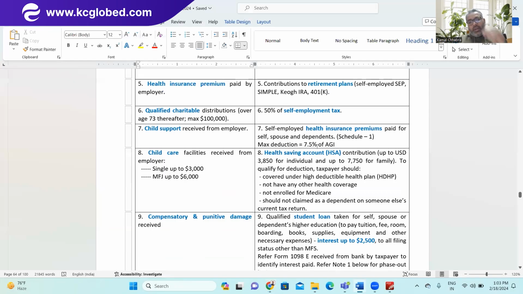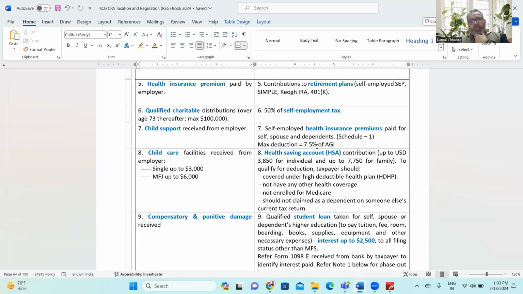So self-employed health insurance premium paid for self, spouse, and dependent will be provided in Schedule 1. Right. The maximum deduction for health insurance premium is 7.5% of adjusted gross income. To that extent, you can consider it as deduction.